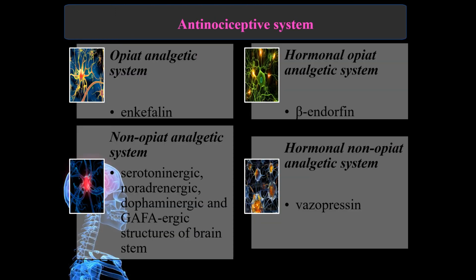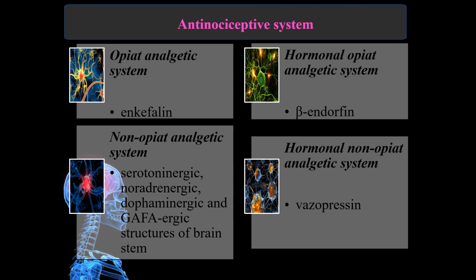Our body has mechanisms which limit the pain, and these mechanisms are called the anti-nociceptive system. The anti-nociceptive system ensures natural mechanisms that limit the pain, and neurophysiological and neurochemical anti-nociceptive mechanisms are distinguished.